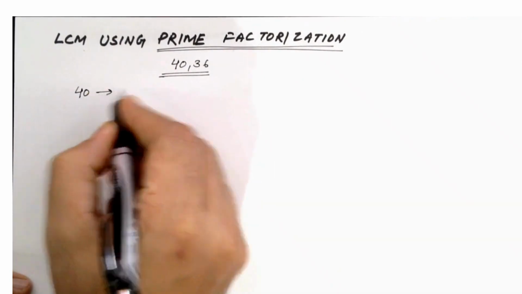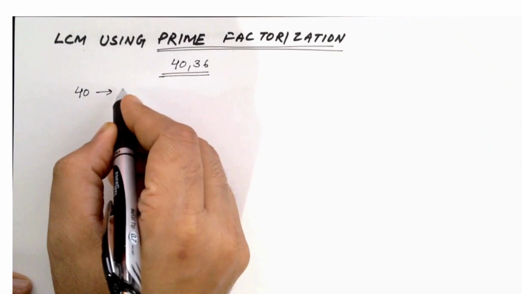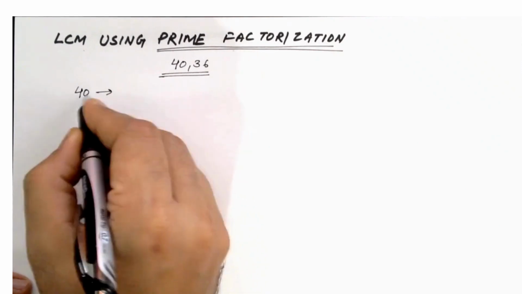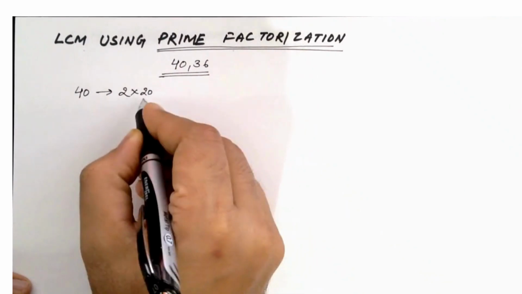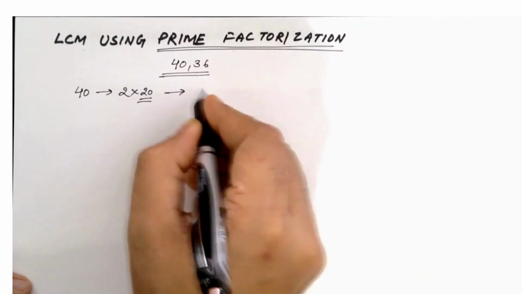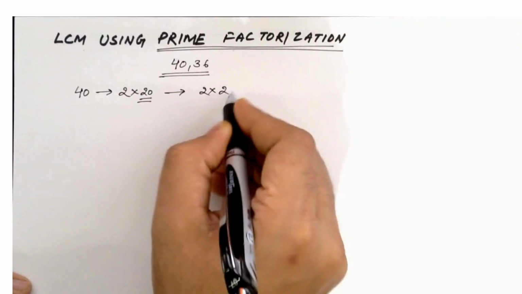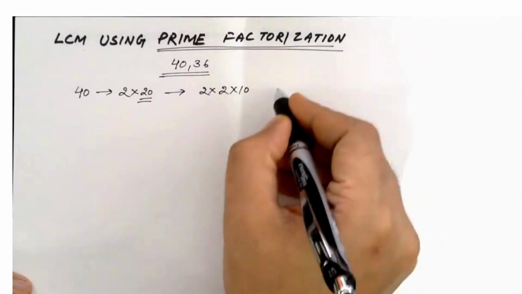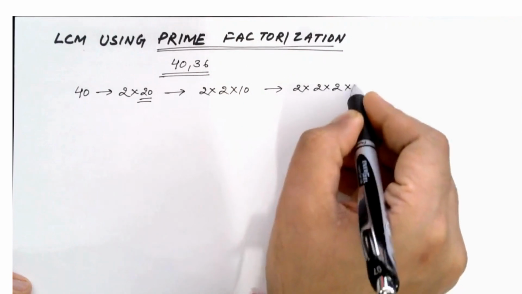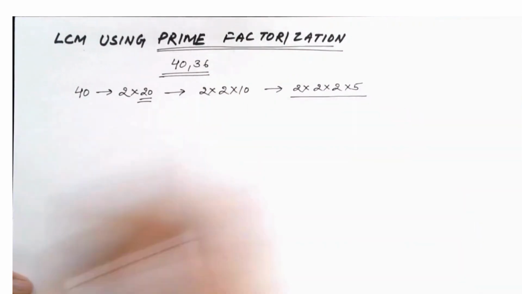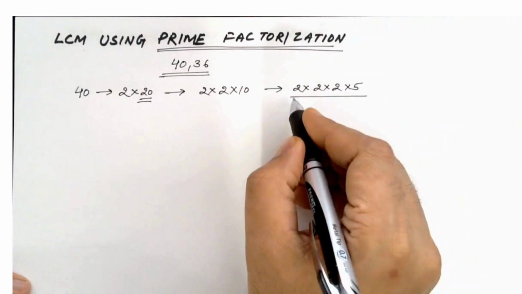So 40 can be written, let's start from the lowest prime number, which is 2. 40 can be divided by 2 and we have 20, and 20 being a composite number we can further divide by 2 and it becomes 10, which can be further divided by 2. So you can see we have these prime factors of 40.